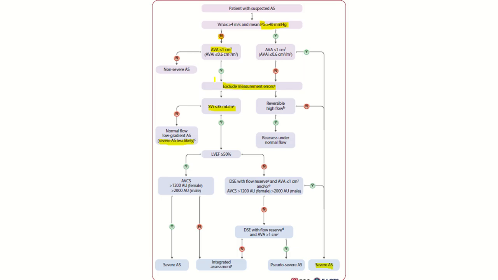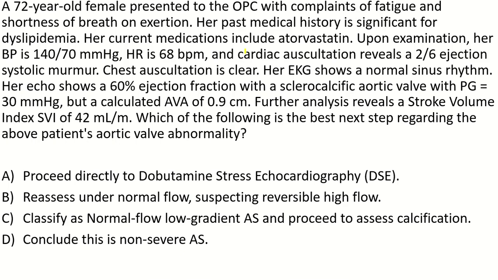So, whenever we have discordant data between pressure gradient and aortic valve area, the next step is to exclude measurement error and then evaluate stroke volume index. High stroke volume index excludes the possibility of severe aortic stenosis. So back to our question. This patient currently has an aortic valve area of 0.9, less than 1, and this is severe, and we have a pressure gradient of 30 mmHg, which is a low gradient across the aortic valve.